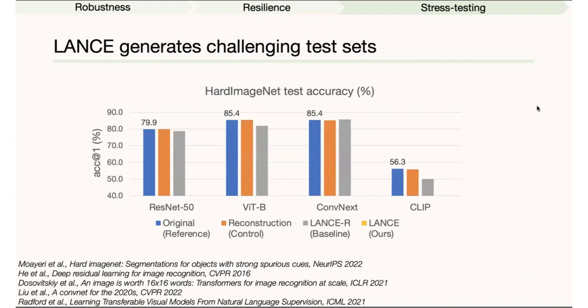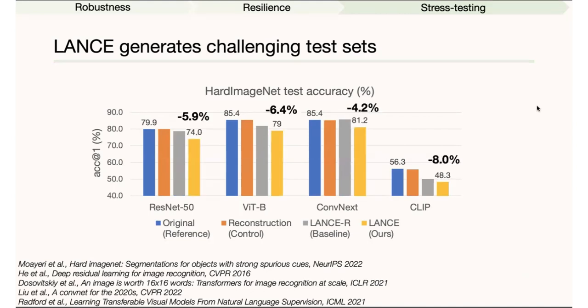I'm going to skip this baseline. We designed a random baseline for our method, but importantly, we find that with our method, which is LANCE, the yellow bars, we can get bigger drops in accuracy, which shows you that these are more challenging to models, while we also have ways to evaluate the quality, like the FID scores and so on, to make sure that those images are still realistic.